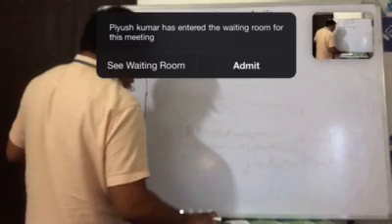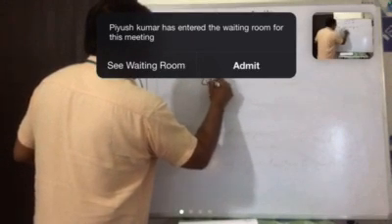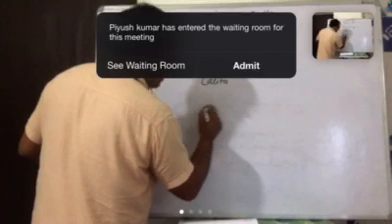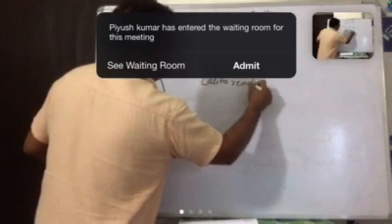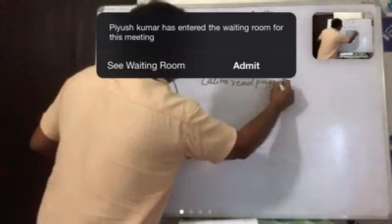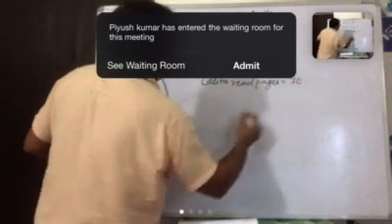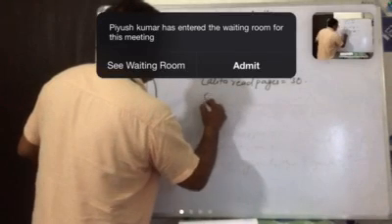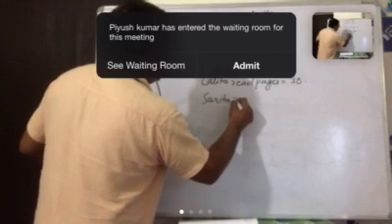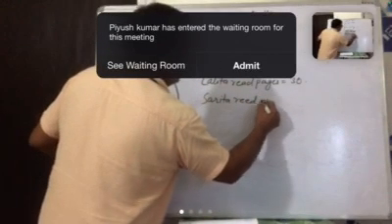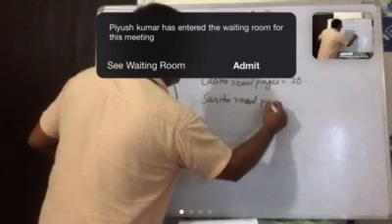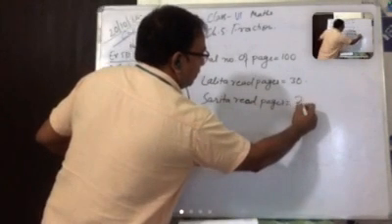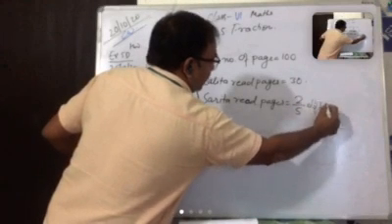And now Lalita read 30 pages, and Sarita read pages equal to, this is the fraction, 2 upon 5 of 100.